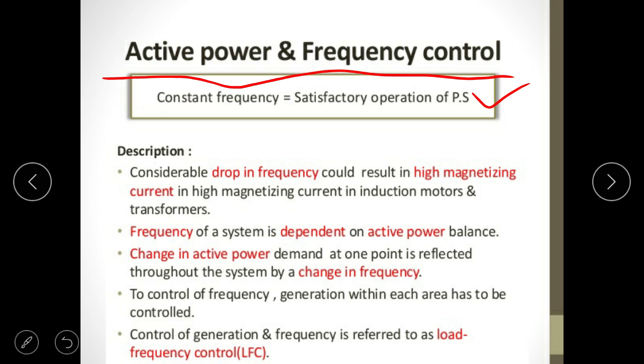Now, a considerable drop in frequency could result in high magnetizing current in induction motors and transformers.